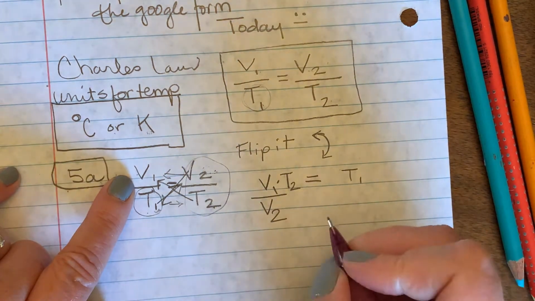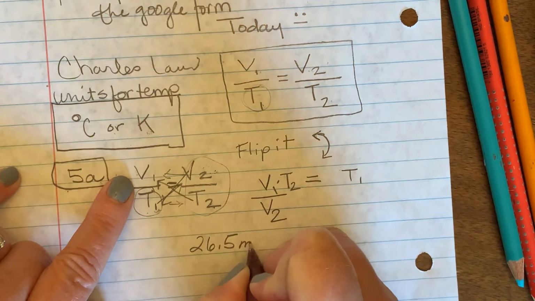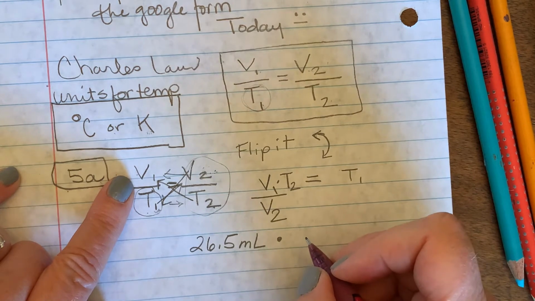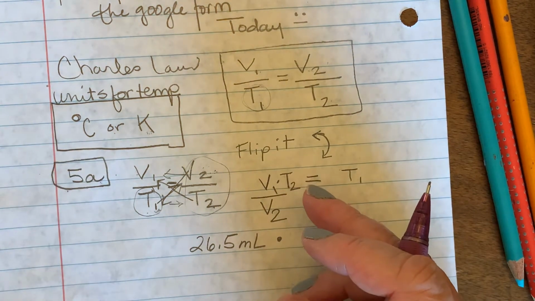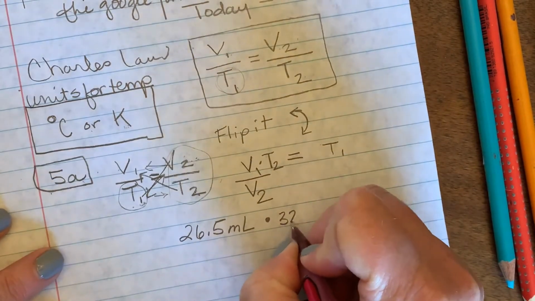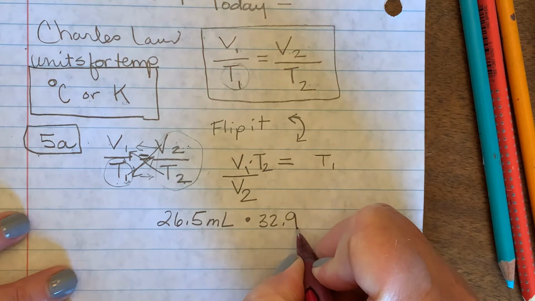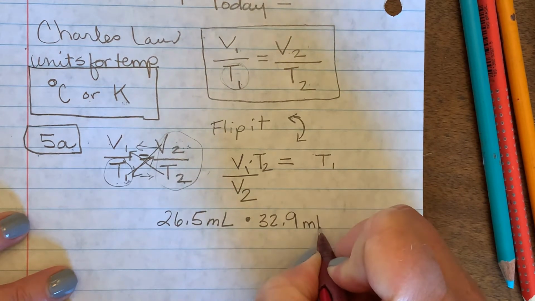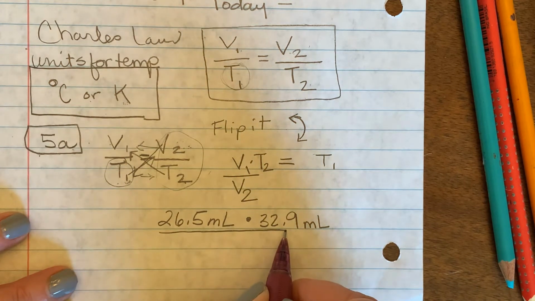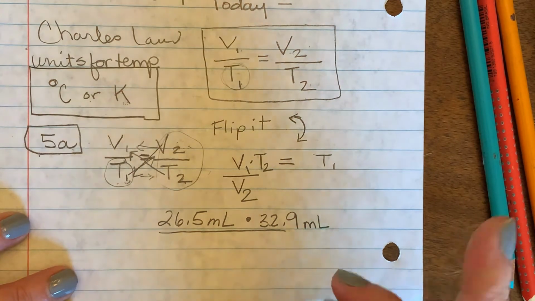So for V1, I have 26.5 milliliters. I'm going to multiply that by temperature 2. Goodness. And that's 32.9 milliliters. And I'm going to divide, temperature 2 is 290 Kelvin.